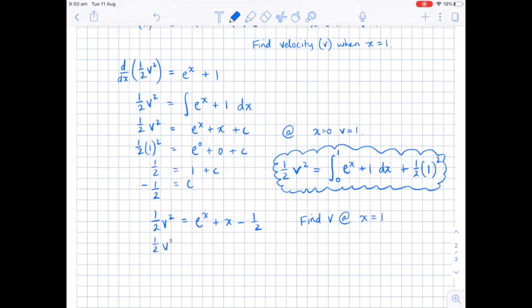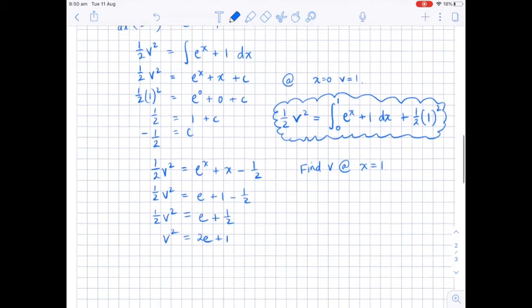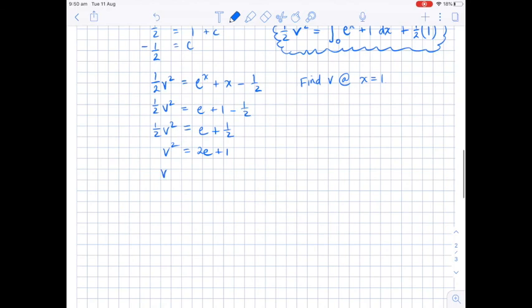So let's substitute 1 in there. Which gives me e plus a half is equal to a half v squared. Times everything by 2, which is 2e plus 1, and then take the square root of both sides, and I get plus or minus the square root of 2e plus 1.